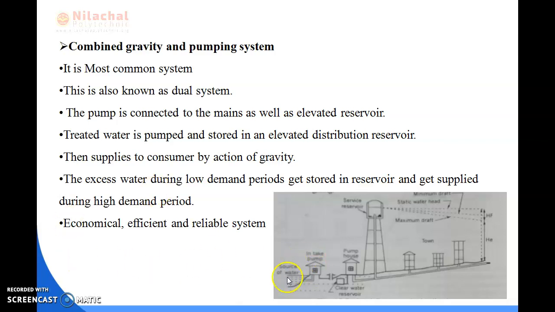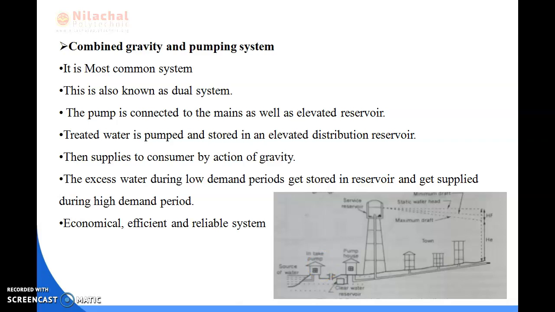You can see the diagram of this combined gravity and pumping system. You can see here the sources of water, that is lake, river, oceans, and the intake pump house, and then it is stored in the storage reservoir. After that it is supplied to the town or the city. So in this process both the gravity and pumping systems are combined. The pump is connected to the main pipe and to the elevated storage reservoir, and the treated water is pumped and stored in an elevated distribution reservoir.